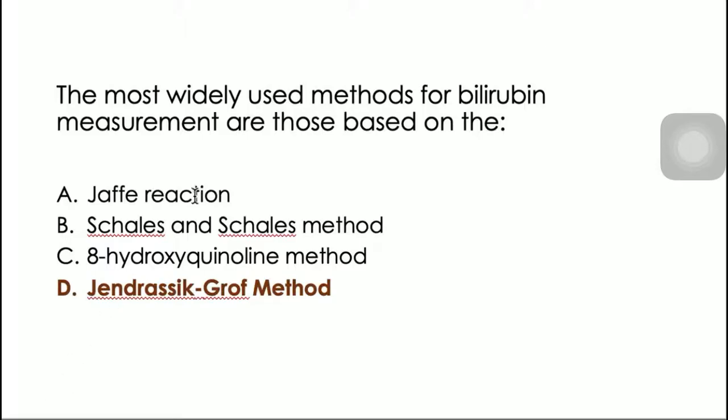The Schales and Schales method is the classic chloride determination, while the 8-hydroxyquinoline method is used for the measurement of calcium to remove interferences, in particular magnesium. So 8-hydroxyquinoline removes magnesium, which can serve as interference for calcium measurement. Okay? But for bilirubin measurement here, the candidate reference method and the most widely used method is your Jendrassik and Grof method. Okay?